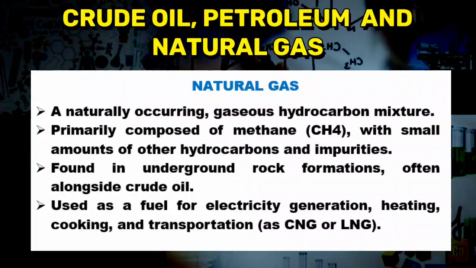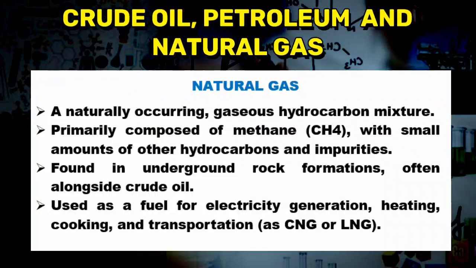Natural gas, on the other hand, is a naturally occurring gaseous hydrocarbon mixture, composed primarily of methane with small amounts of other hydrocarbons and some impurities. It is found in underground rock formations, often along with crude oil.